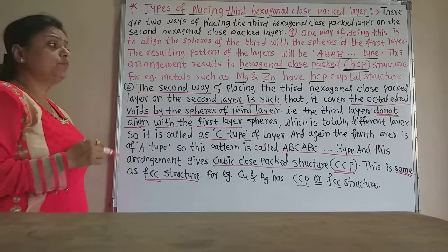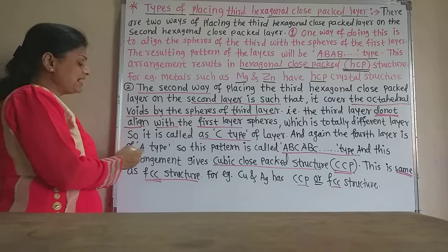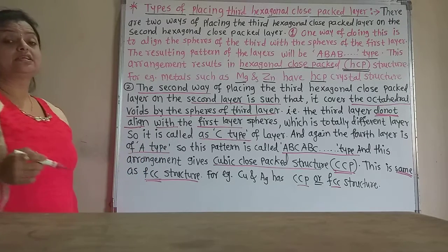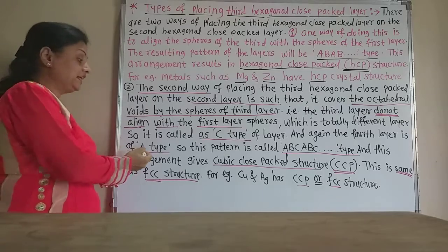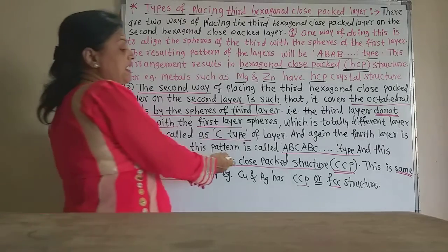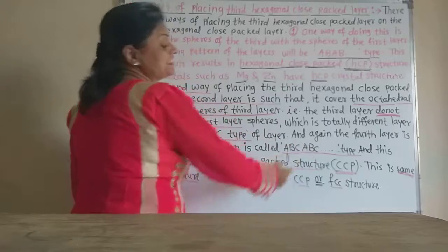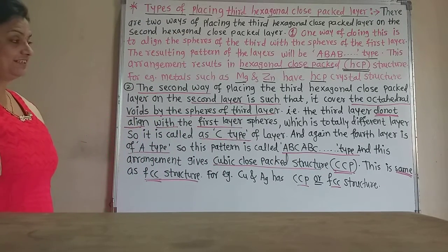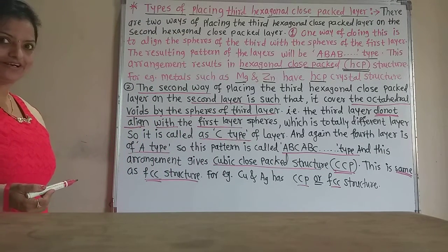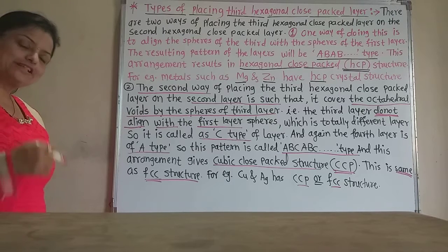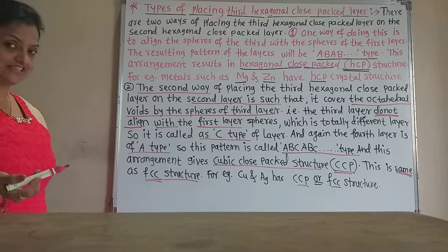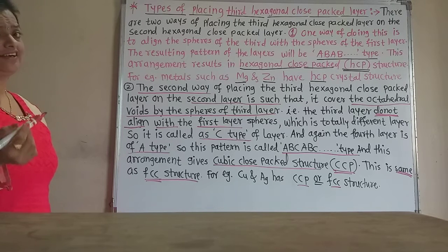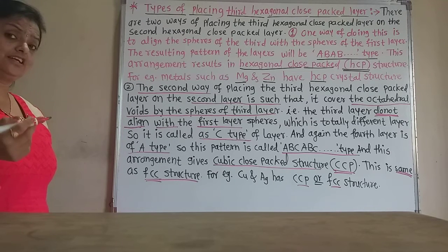And again the fourth layer is the same as the first layer, which is the A type. So this pattern is called the ABC type of pattern, because all three layers are different and the fourth layer again aligns with the first layer, the fifth with the second, and the sixth with the third layer.